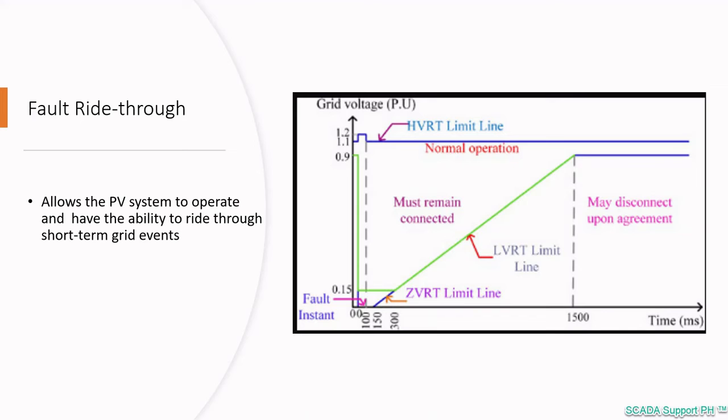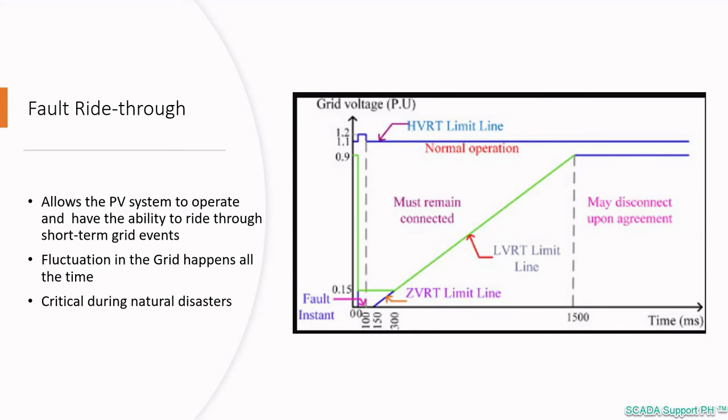In addition, a power quality analyzer is necessary to capture short-term grid events, as situations like these only last about 1 to 2 seconds, and the PPC should have the capability to adapt accordingly. Temporary faults are frequent and create inescapable variations in voltage, current, and frequency. This functionality is also critical during natural disasters.